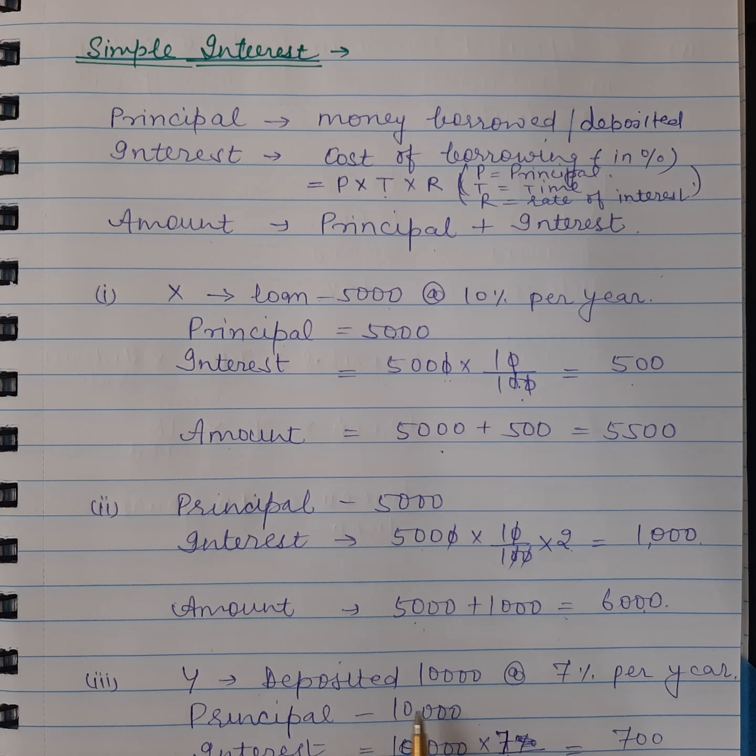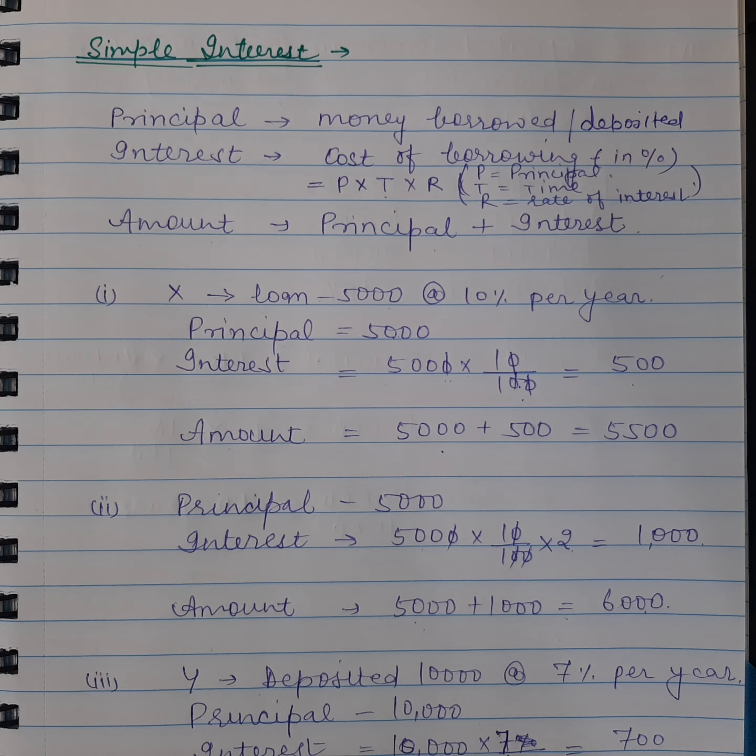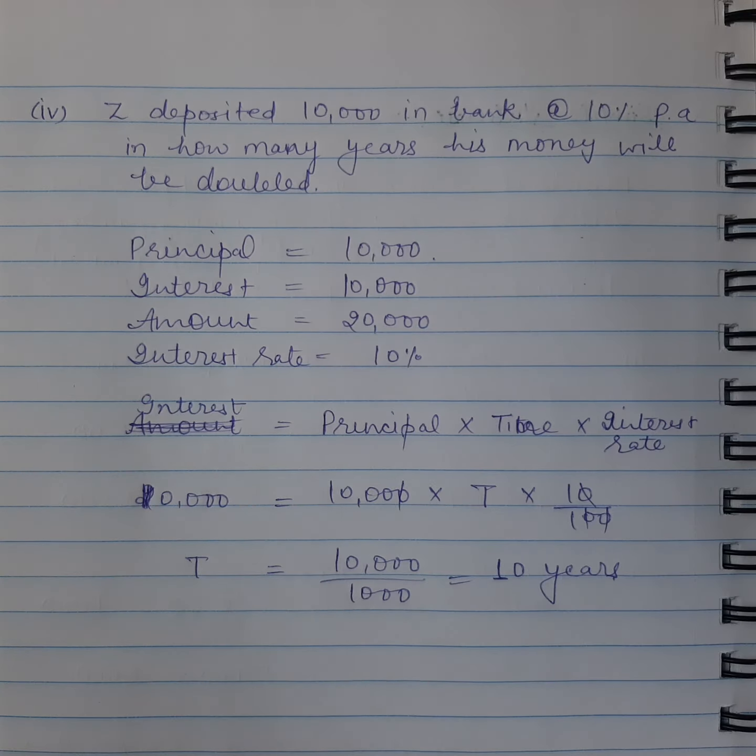So amount will be 10,000, which is the principal, and 700, which is interest: 10,700 rupees. So Y will get 10,700 rupees from the bank at the end of the year, of which 10,000 is his original amount, the principal, and 700 rupees is the interest he has got from the bank.